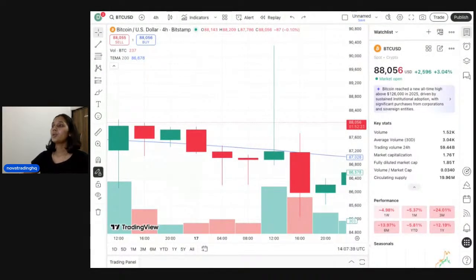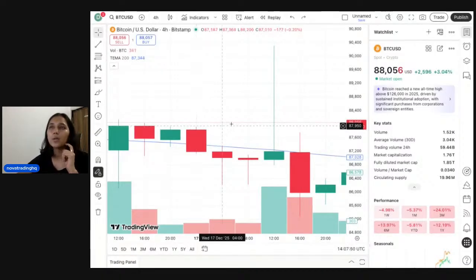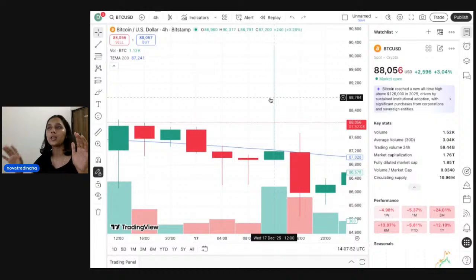Lovely. So it opens at approximately 87.8K, and as you can see the high was trading at approximately 87,900, touching like 88,000, right?